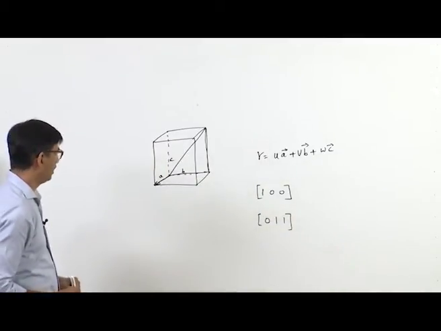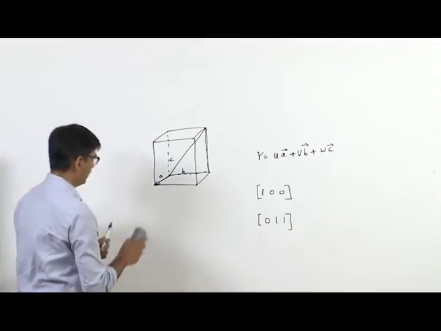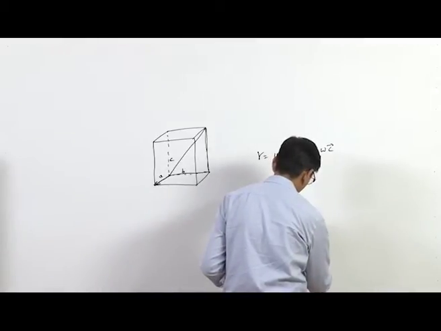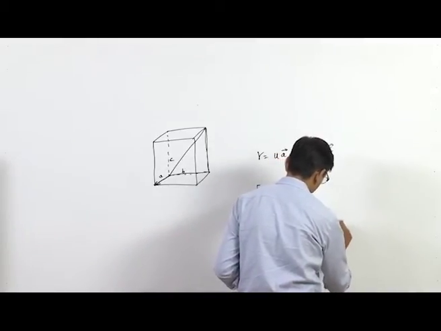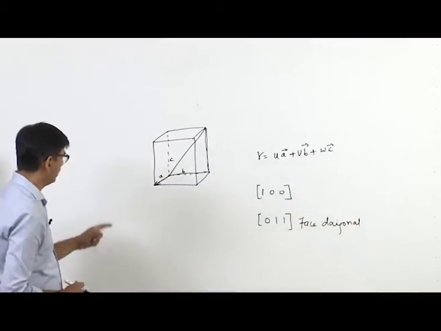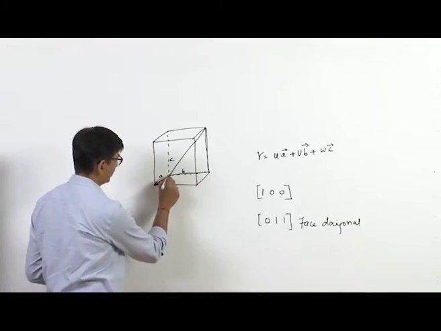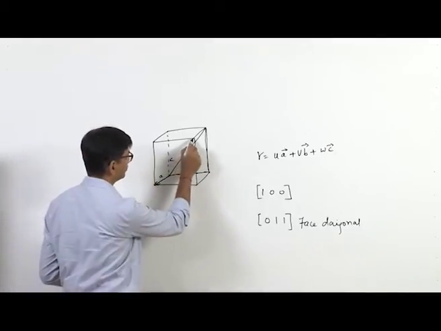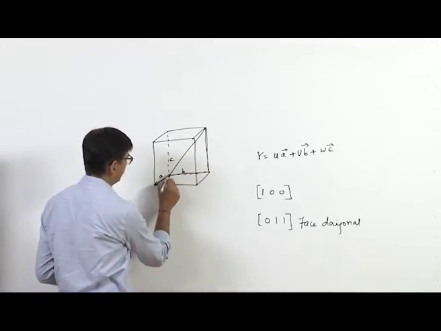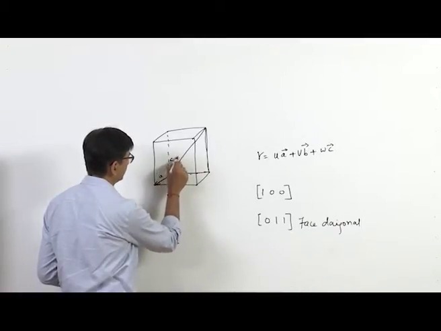Now, by the way, this particular one is called a face diagonal. Let us say another one, which is joining this origin with this particular lattice point. So, I am starting from here.